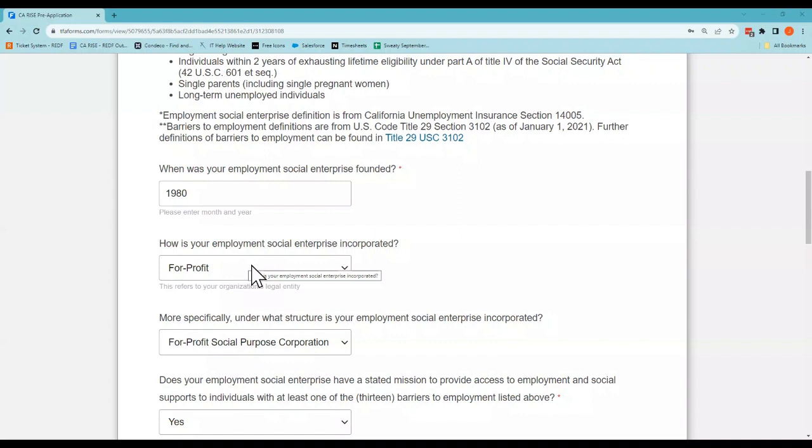When you select for-profit or not-for-profit, an additional question will appear. Please be sure to answer both the initial question and the conditional question that is based on the selection of for-profit or nonprofit entity.